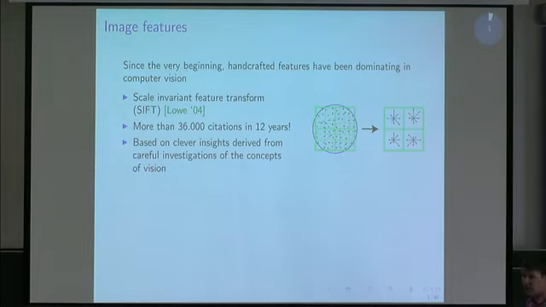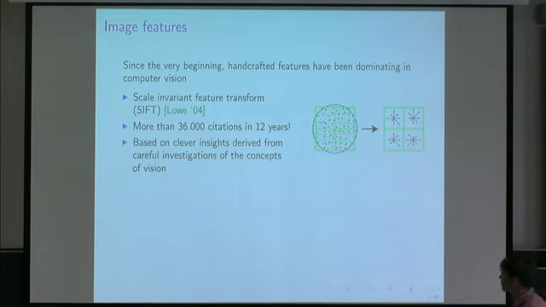Looking at the literature, there's one particular local image descriptor that turned out to be very successful, which is the scale invariant feature transform of David Lowe. You can see it received more than 36,000 citations in 12 years. If you check now, I guess it will already have 40,000.